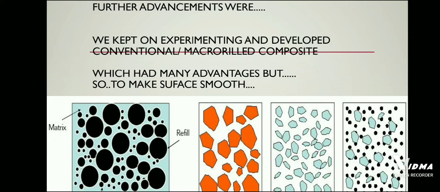So what did we do to advance this composite? We reduced the filler size to improve appearance and polishability.